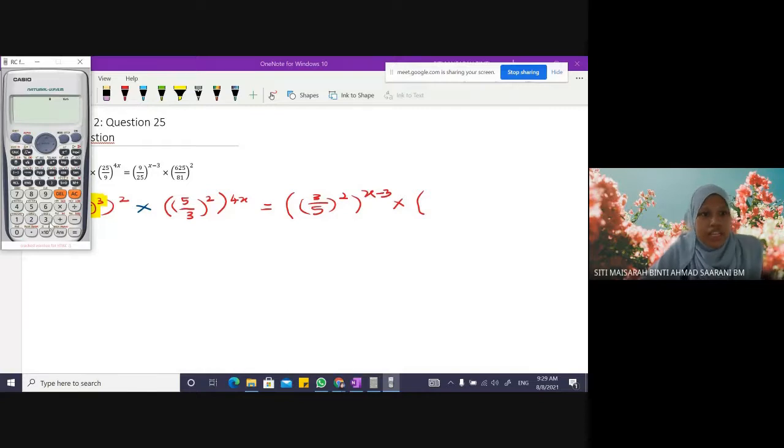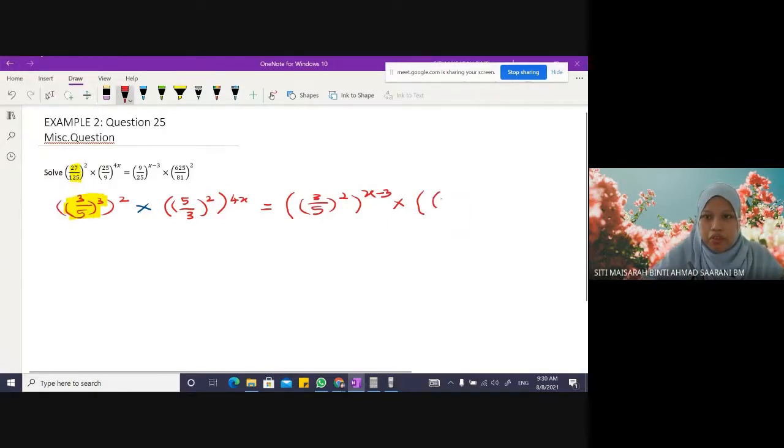So another way: 81 can be 3 power 4. Anything power 4 can become 625. Can it be 5 power 4? 5 power 4 is 625. So this one can be 5 over 3 to the power of 4. Okay, so now we get a change.